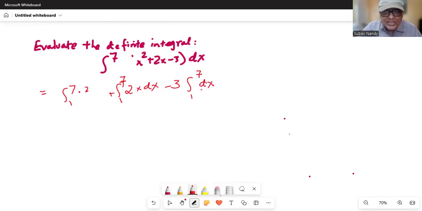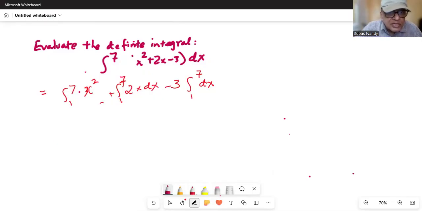As I was saying, I've taken the constant term outside the integration because it is a constant term. The first term, let me correct it, it was 6x squared. So I need to correct it.